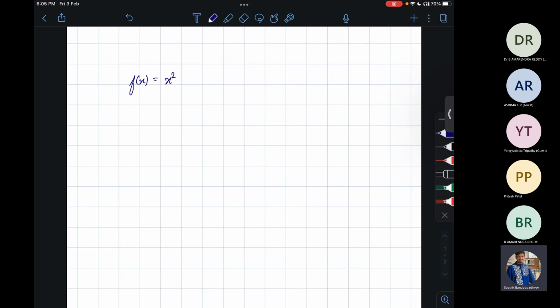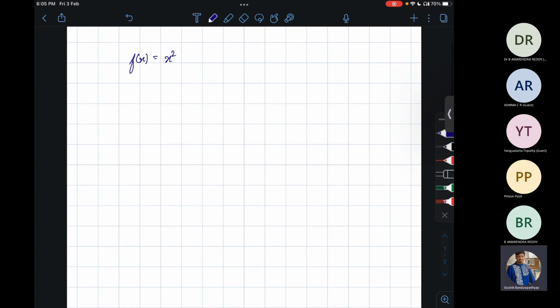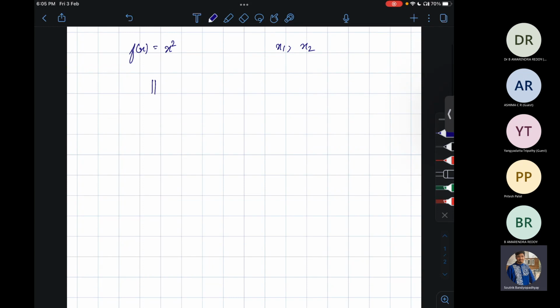So the Lipschitz continuity says that given 2 points, let's say x1 and x2, the norm of f(x1) minus f(x2) is less than some constant times norm of x1 minus x2.